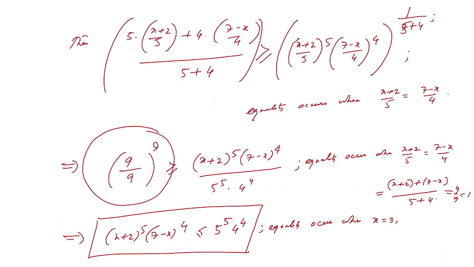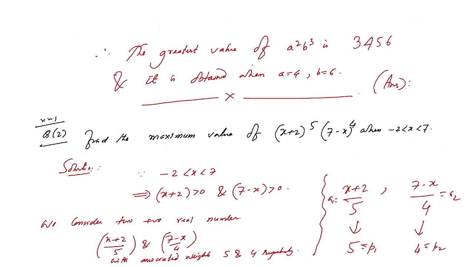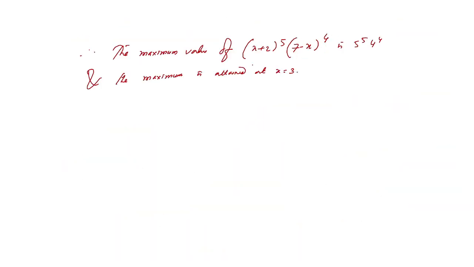The question was (x+2)^5 and (7-x)^4. The maximum value is 5^5 times 4^4, and the maximum is attained at x equals 3. In this way we can easily solve this type of important problem.